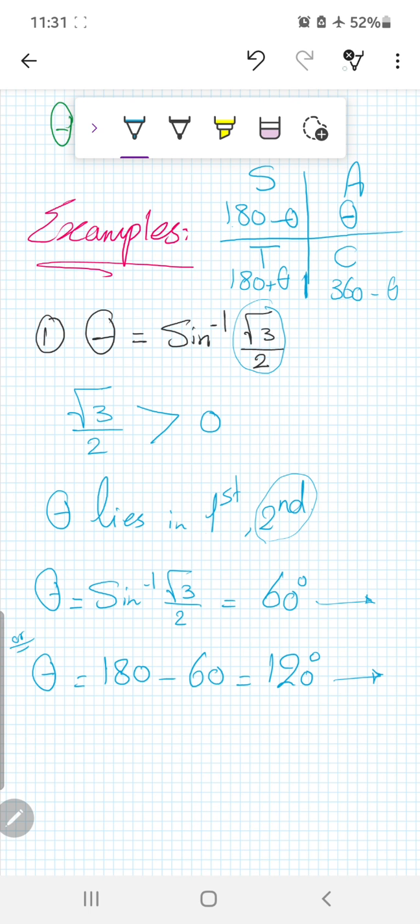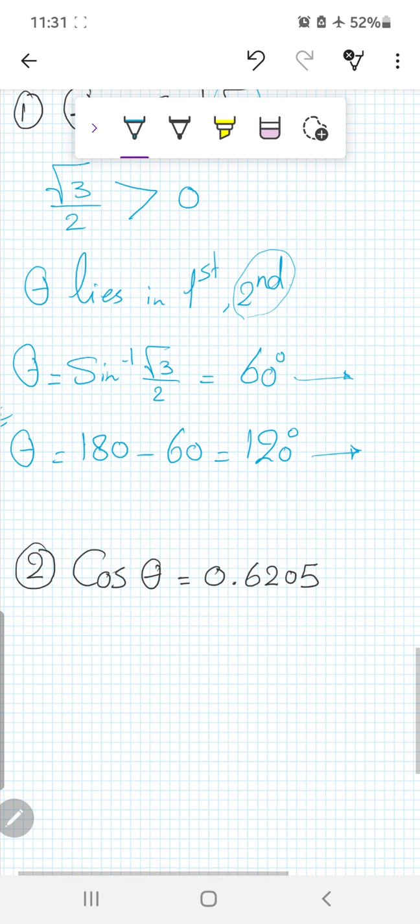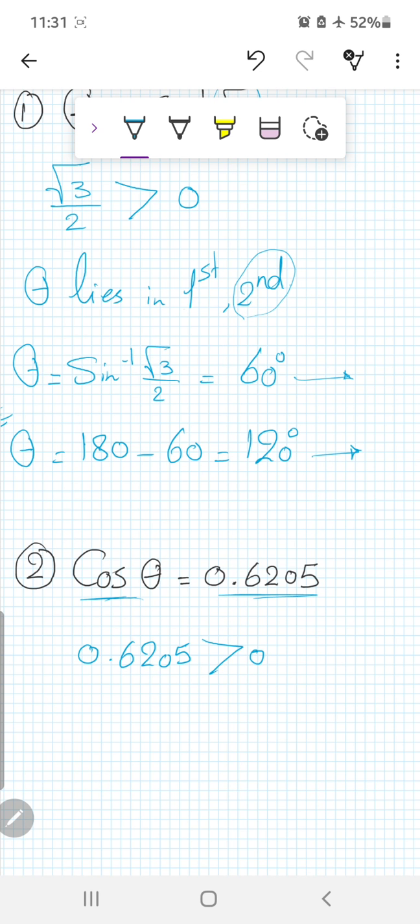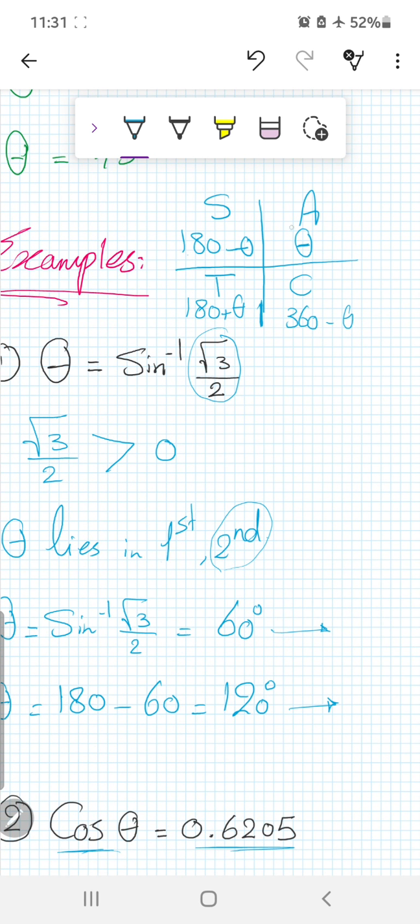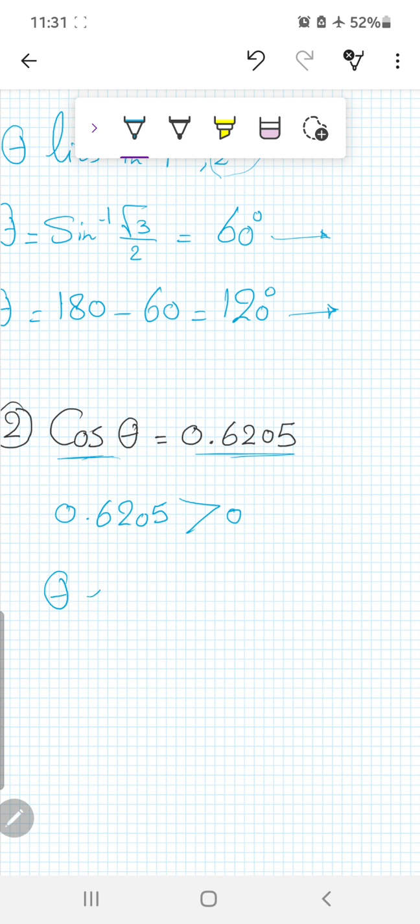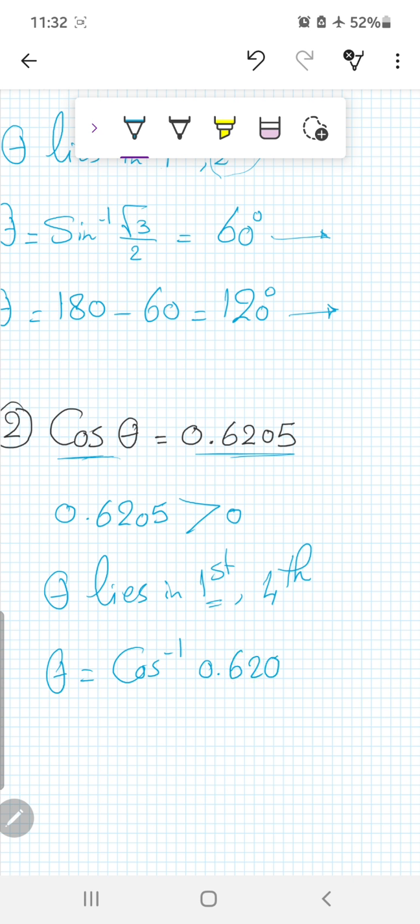Okay, another example. Here cosine theta equals 0.6205. Okay, 0.6205 is also greater than 0. Cosine is positive in the first and fourth quadrants. So here theta lies in the first and fourth. We get the first one on the calculator, so press cosine minus 1, shift cosine, of 0.6205.